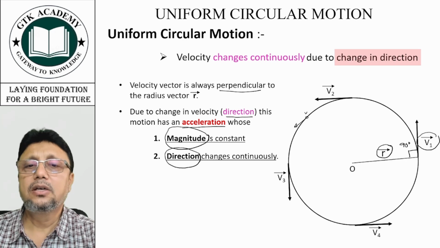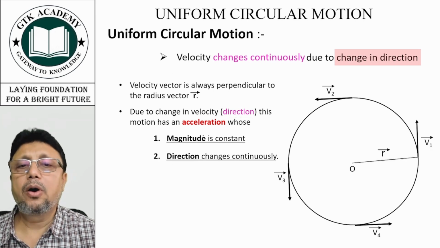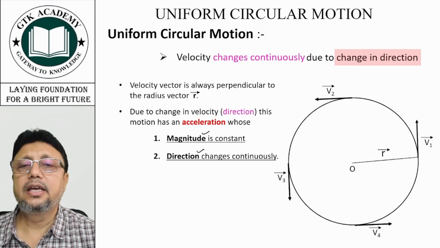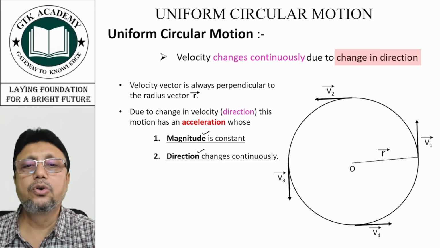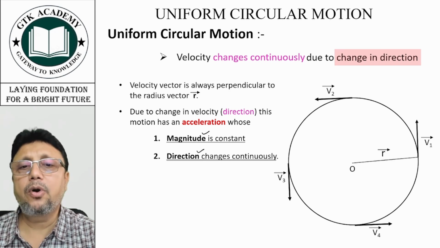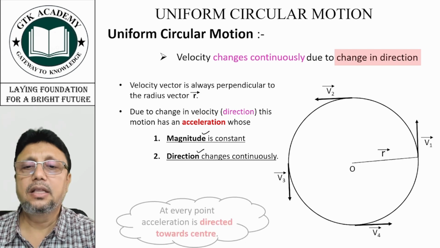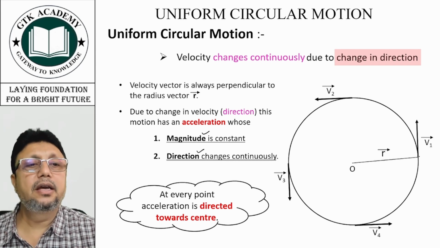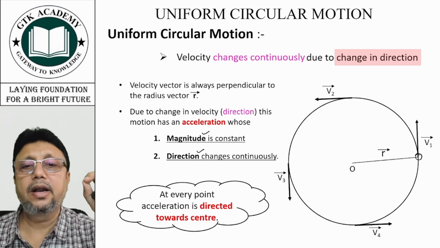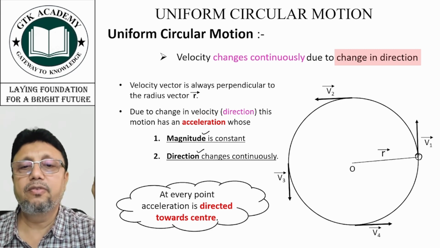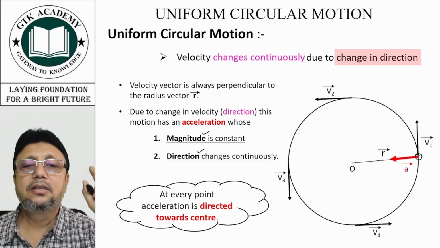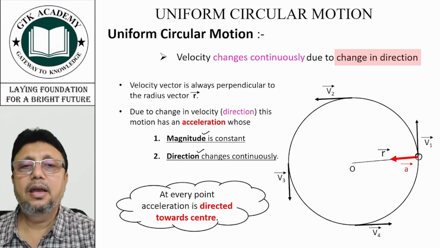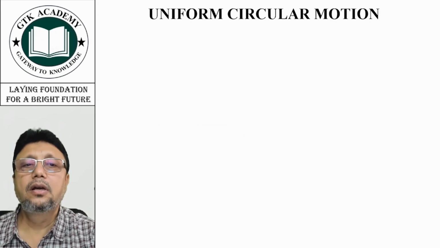These two things should be noted about acceleration in case of uniform circular motion. And a very important thing to note here is that at every point the acceleration is directed towards the center. Say if we take this point, the acceleration at this point, the instantaneous acceleration, will be directed towards the center. This is a very important thing.